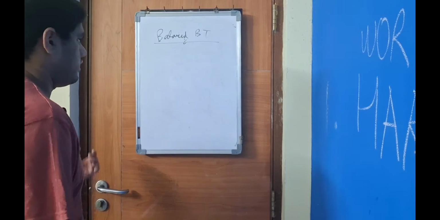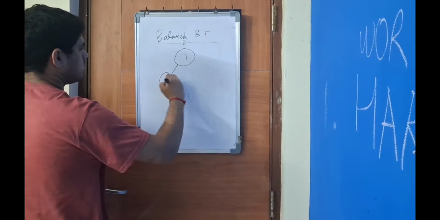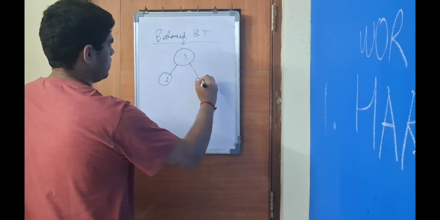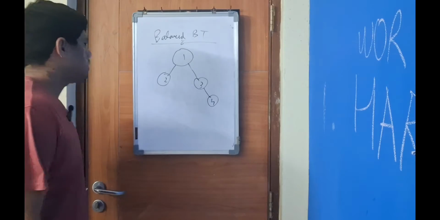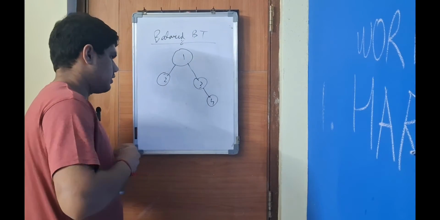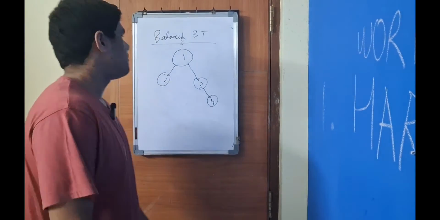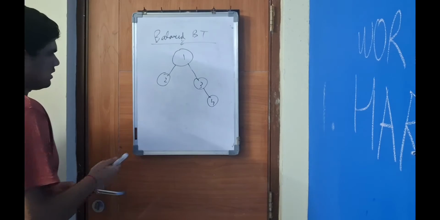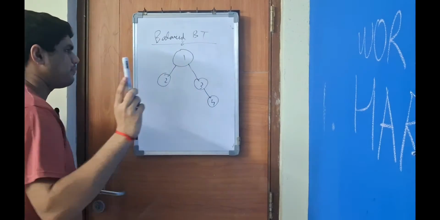Let's start with an example first. Let's say we have a tree with 1, 2, and 3. Let's take 4 here. So how are you going to conclude whether this is a balanced binary tree or an unbalanced binary tree? We have 1 here, which is the root node.